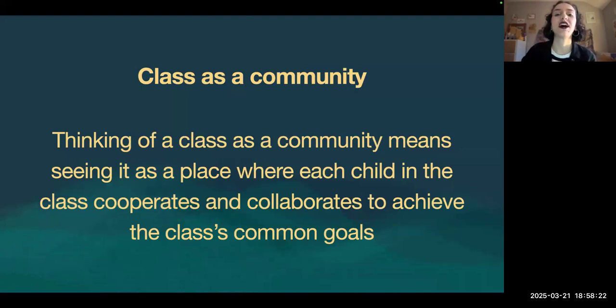Another important aspect of teaching younger learners is to keep in mind the sense of community, to perceive the class as a community. What it means is basically seeing it as a place where each child is in the class, cooperating and collaborating to achieve a common goal.